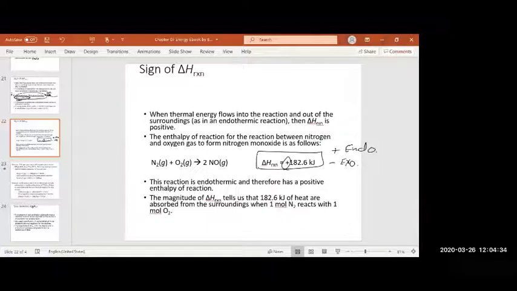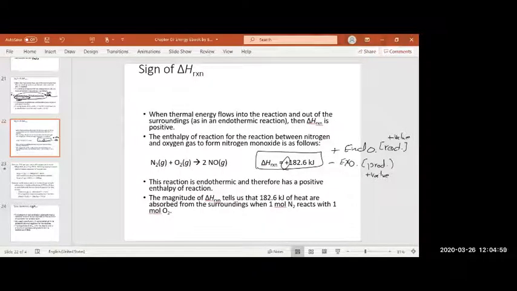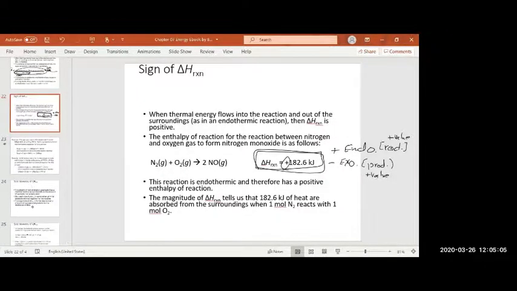But if you include the heat in the equation, the exo, you will put it in the product side, but always a positive value. Endo, you will put it in the reacting side, and it's always a positive value. Don't put a negative value in the equation. If you separate the delta H like what we have, you can put positive and negative. But in the equation, always a positive value.